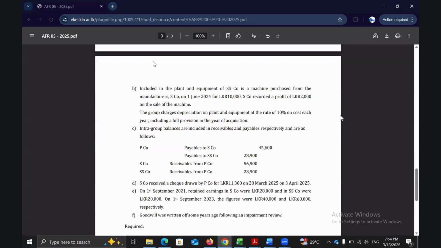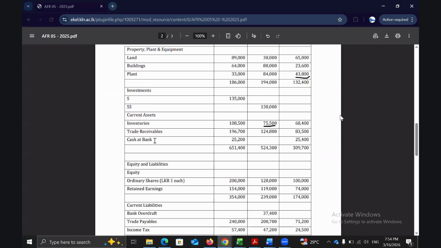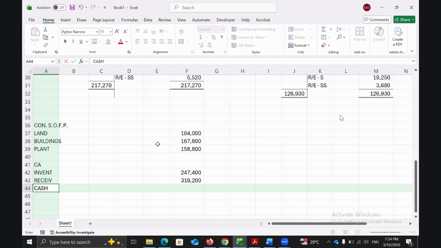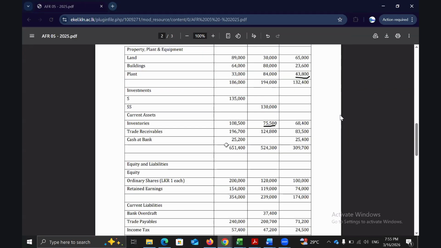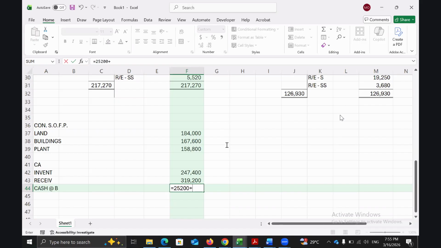Then we have cash at bank. As cash at bank we are having 25,200 plus 25,400, but again here we have identified the cash in transit. තිබ්බ නේද cash in transit එකක් තියෙනවනේ.